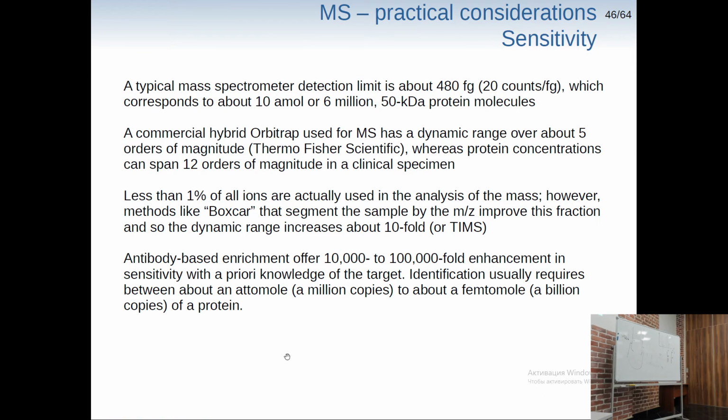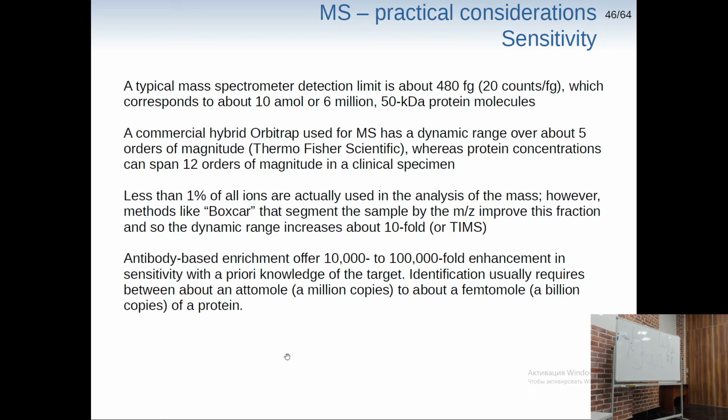So, the sensitivity of mass spectrometers. Actually, we can get really small amounts of samples, like just some hundreds of femtograms or attomoles. There are some records, of course, like the Orbitrap can get over 5 orders of magnitude between the lowest presented protein and the most presented protein, but of course it's not always possible.